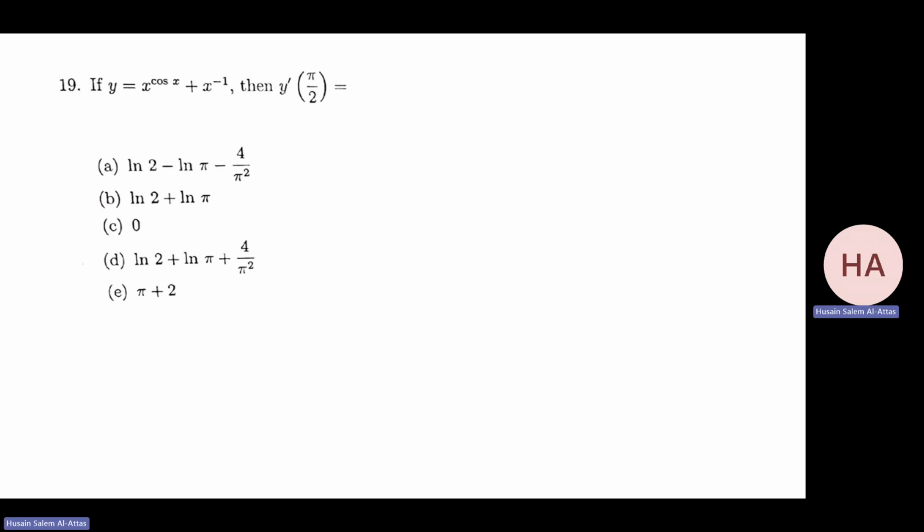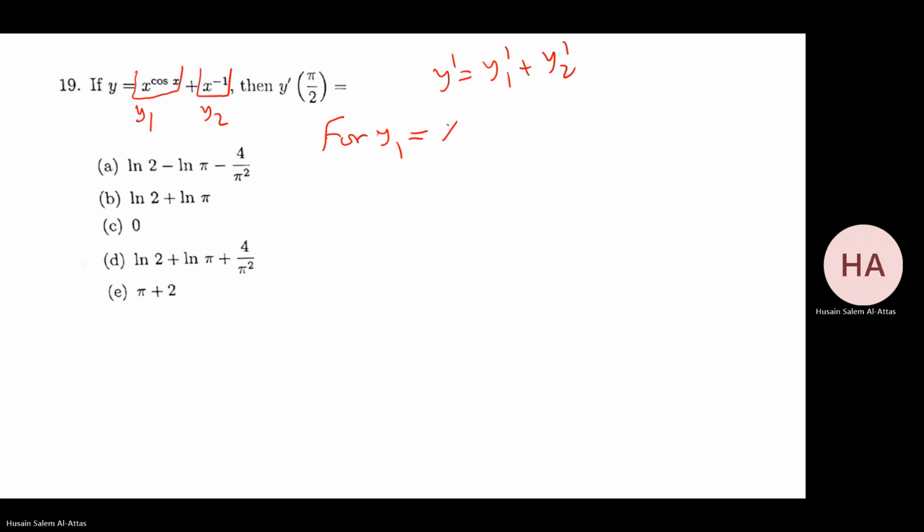Yeah, this I did in the class. We have to consider this is y1 and this is y2. So y prime is y1 prime plus y2 prime. I need to solve y1 through logarithmic differentiation. Take ln y1 will be cosine x ln x.